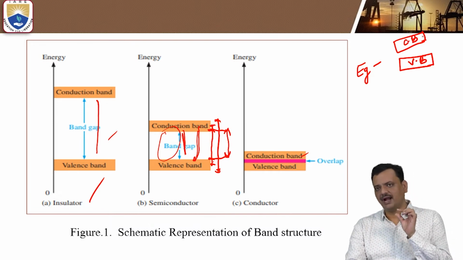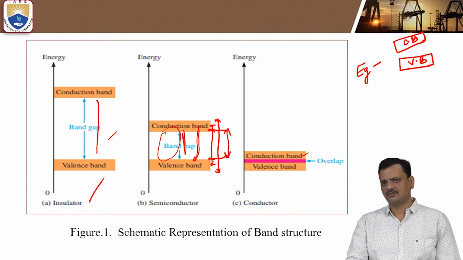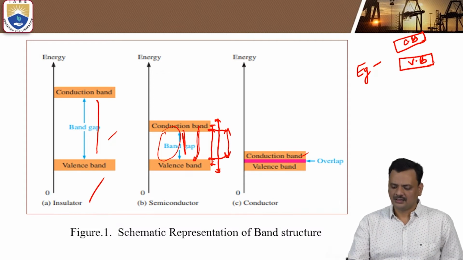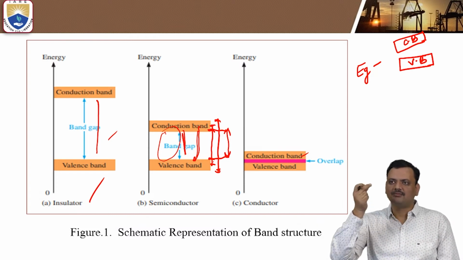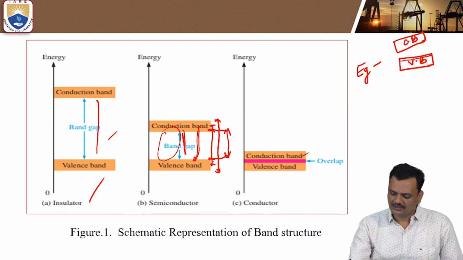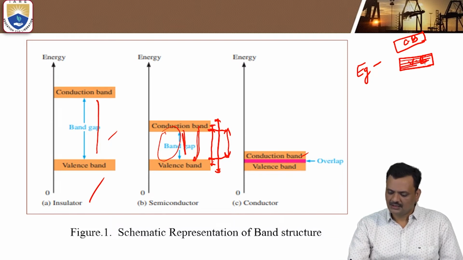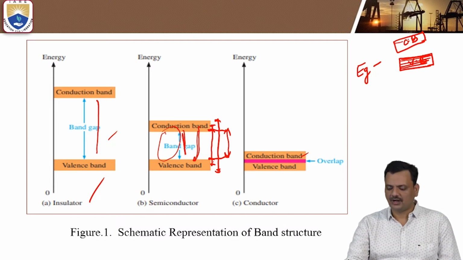So a band means there are a lot of energy values. Okay. And if you take them collectively, they form a band of energy levels. Okay. So a lot of energy levels here. Okay. Here also a lot of energy levels.